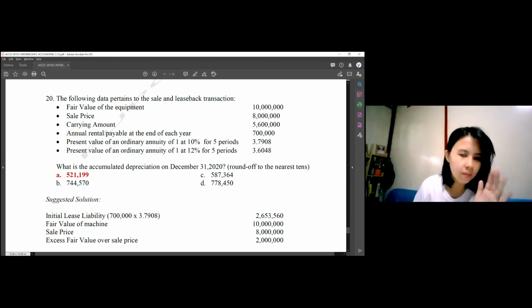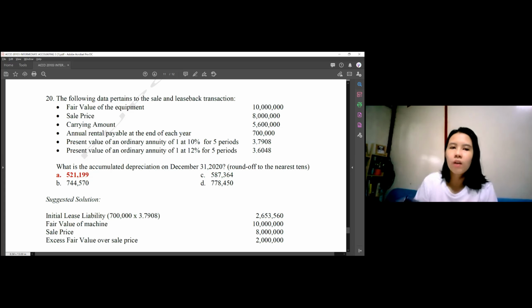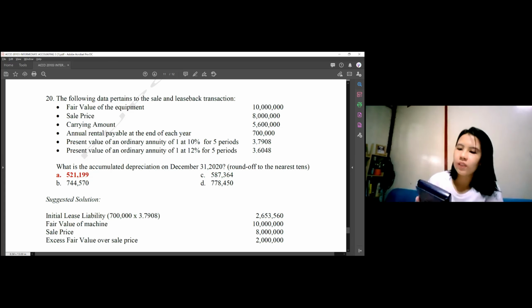So again, same method kanina, ipoprorate natin siya. So divide natin yung total lease liability na na-compute natin by the fair value of 10 million. And then multiply that by the carrying amount. So multiply natin by 5.6. We'll get 2,605,993.